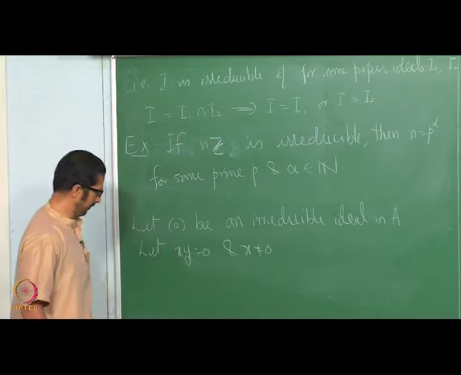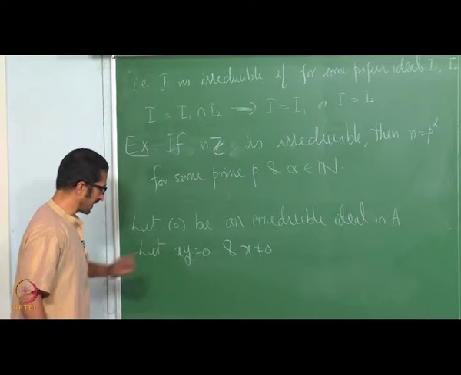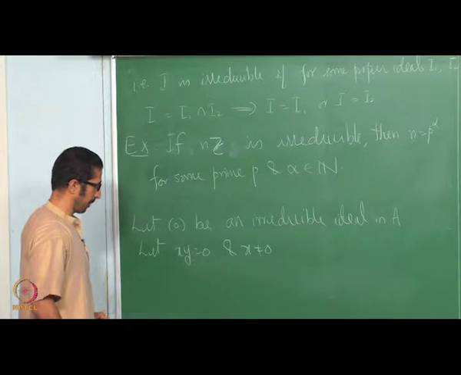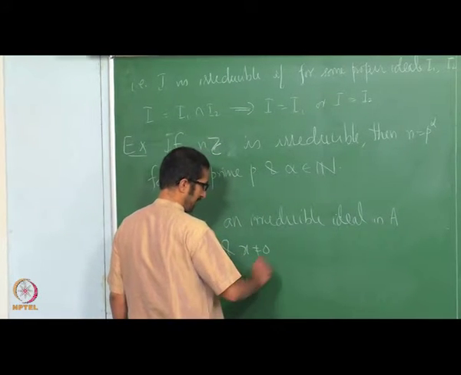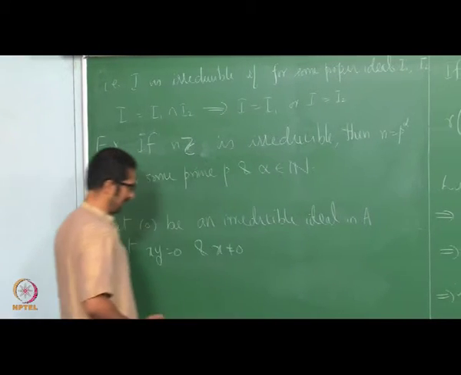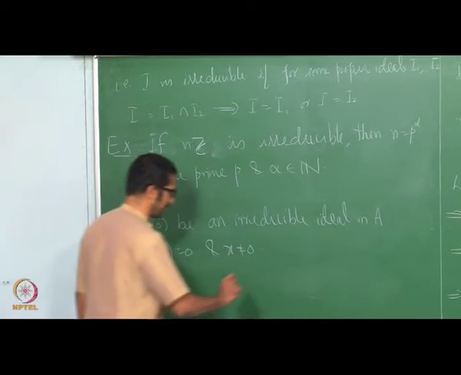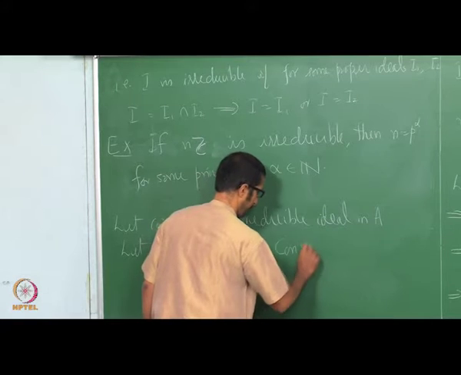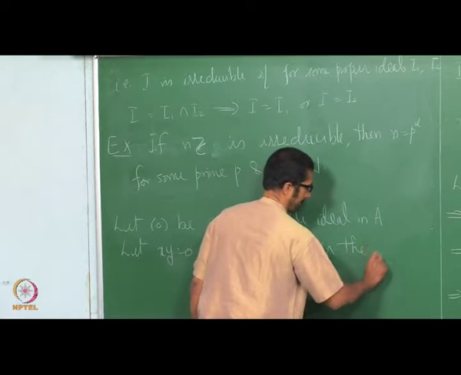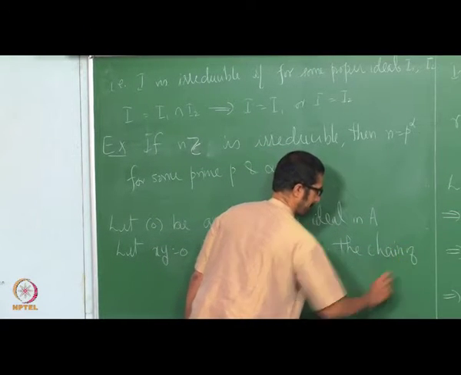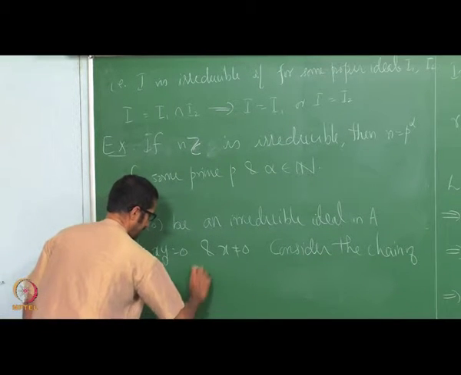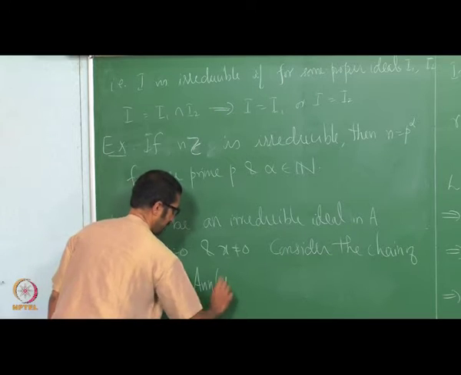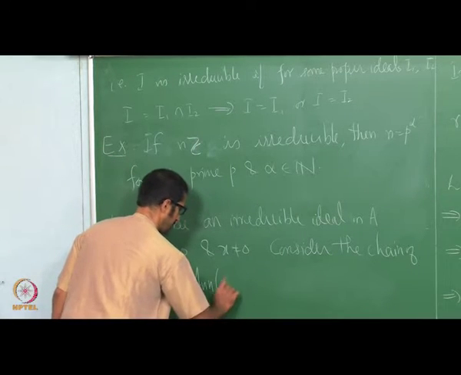Okay. So, suppose xy is 0 and x is non-zero. Now, you have a nice increasing chain of ideals, sorry, annihilator of y.